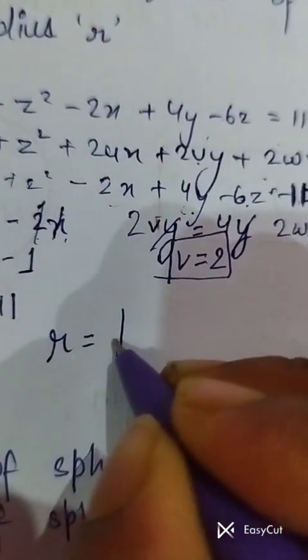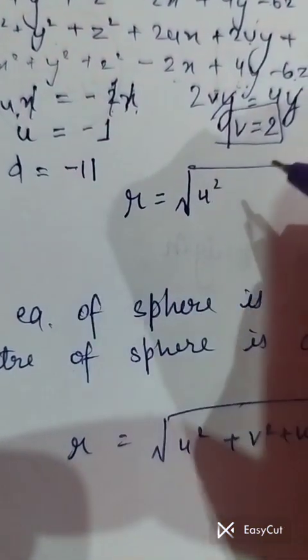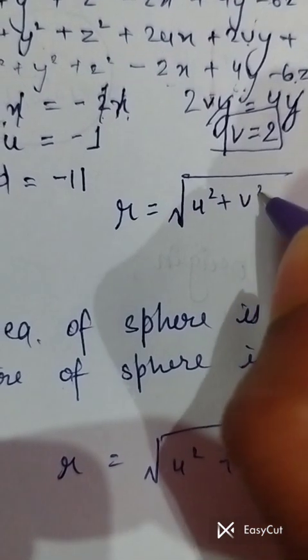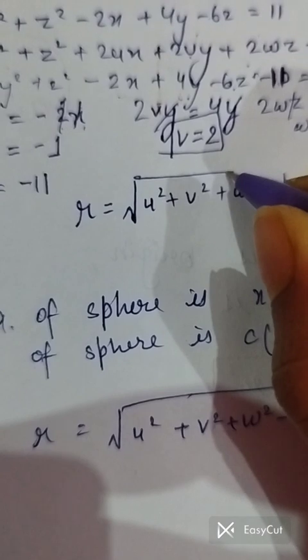r is equal to the square root of u square plus v square plus w square minus d.